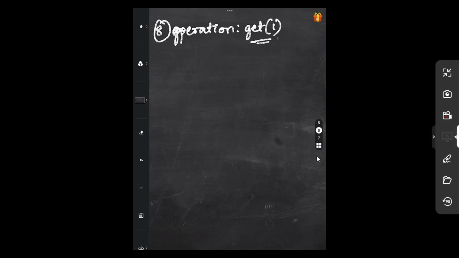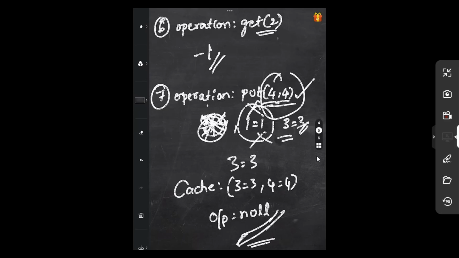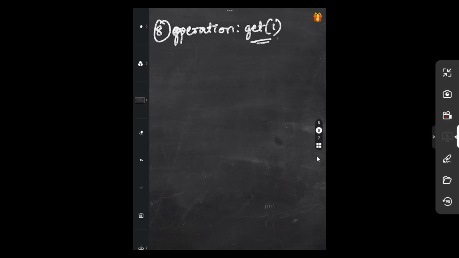The key 1 does not exist in the cache because we have previously evicted the 1 from the cache. You can clearly see we have evicted this one. So the output will be -1 here in this case.